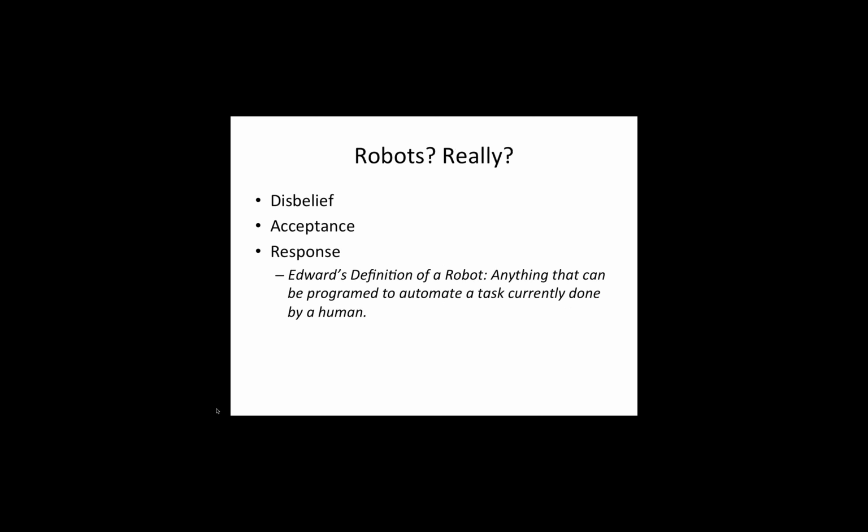And here I'm using a particular definition of a robot, like an internet bot: anything that can be programmed to automate a task. If you think of the way that computers get taken over as botnets, that's a script taking over your computer and doing a task that you would do, like hit a website or whatever.